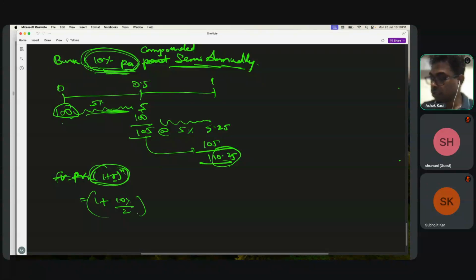So 5 percent, again 5 percent, it is happening 2 times, so raised to 2. Just calculate how much it comes to: 10 percent divided by 2 equals, then plus 1 equals, then raised to 2. How much is it coming to?